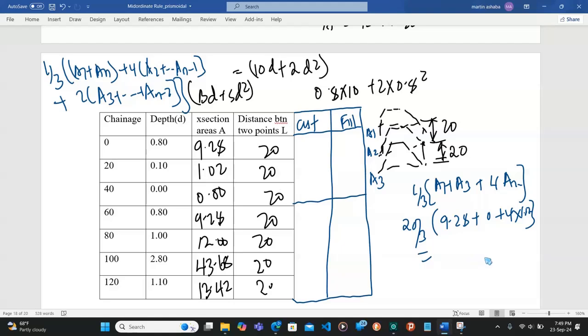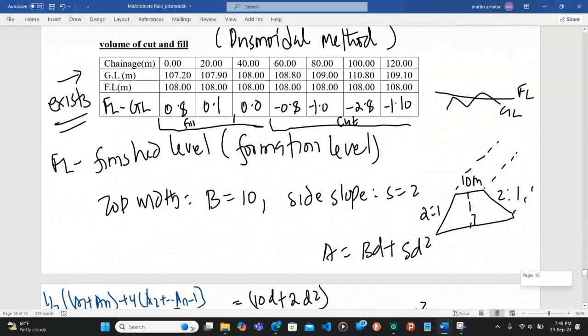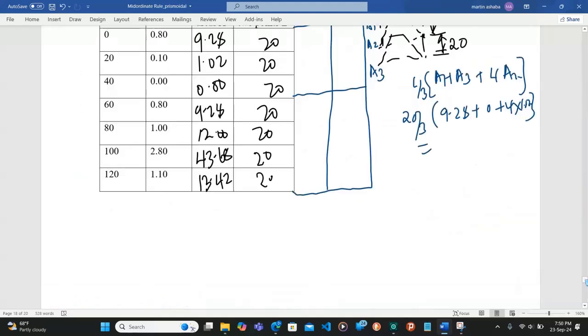So what we get is going to be for the fill, because if you check what we have up here, the fill starts from here up to there. So what we get here is 89.0667. That is in cubic meters.